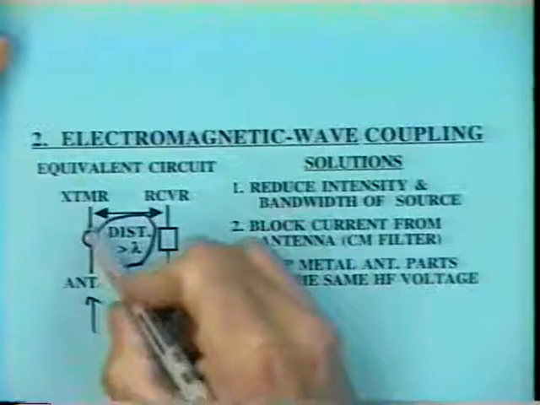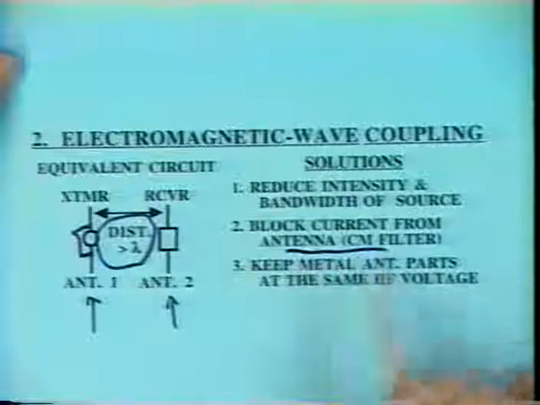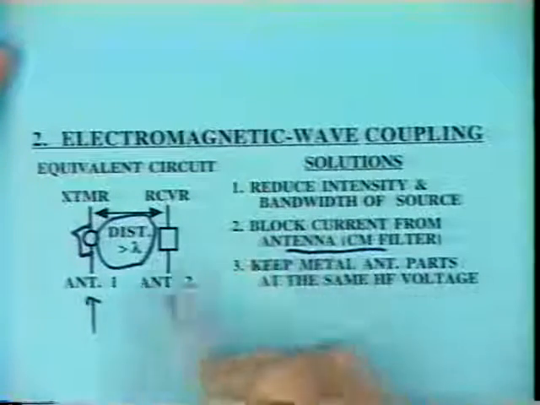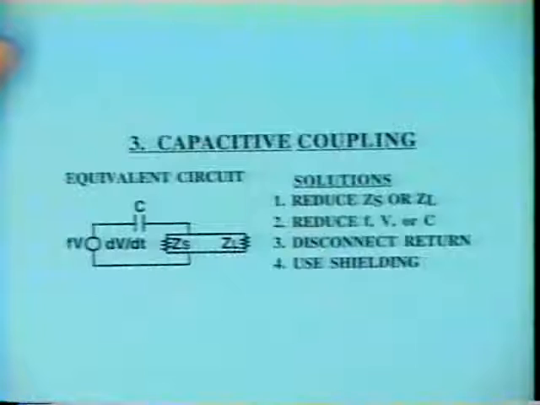We can try and short out the unintentional transmitting antenna. We can try to reduce the current on the antenna by using some common mode filtering technique. Or we can try filtering the high frequencies that are being emitted. Those are some of our solution options for electromagnetic wave coupling.